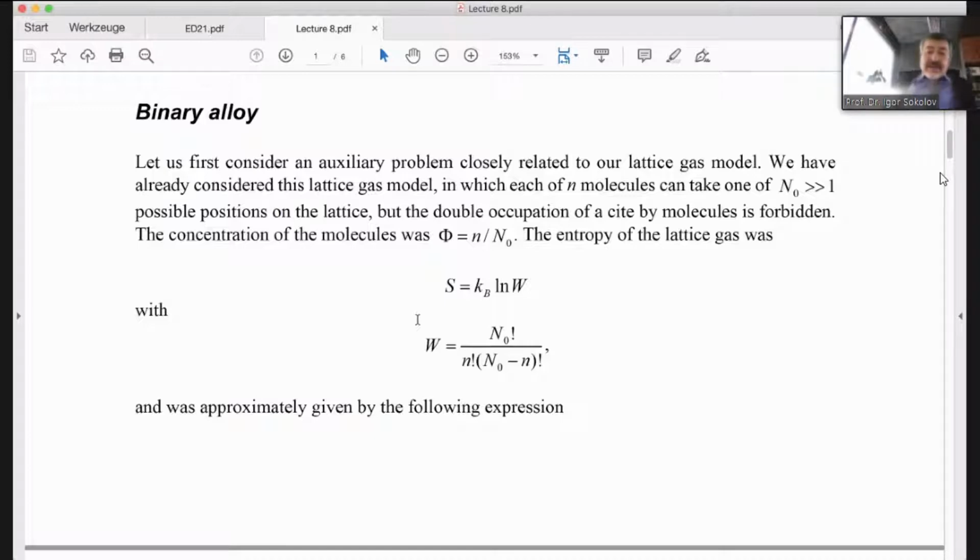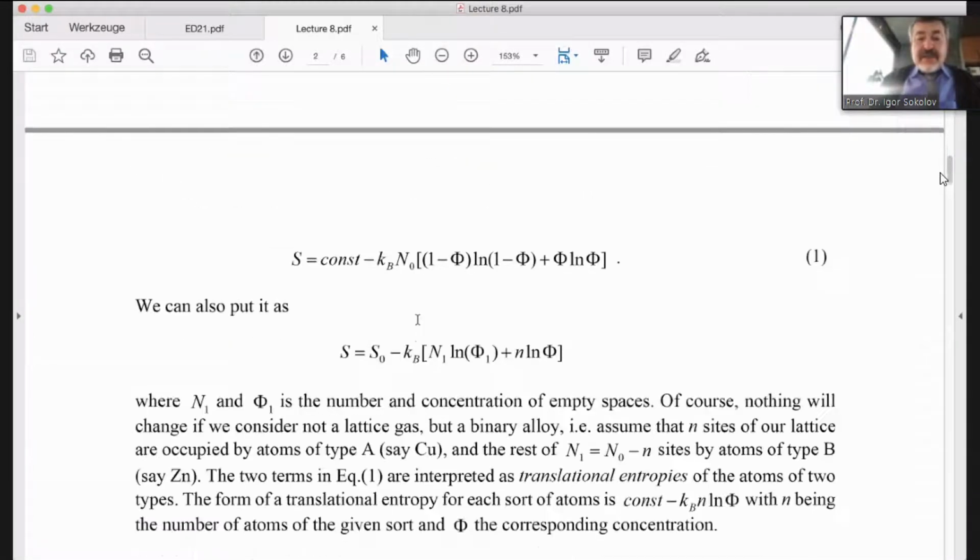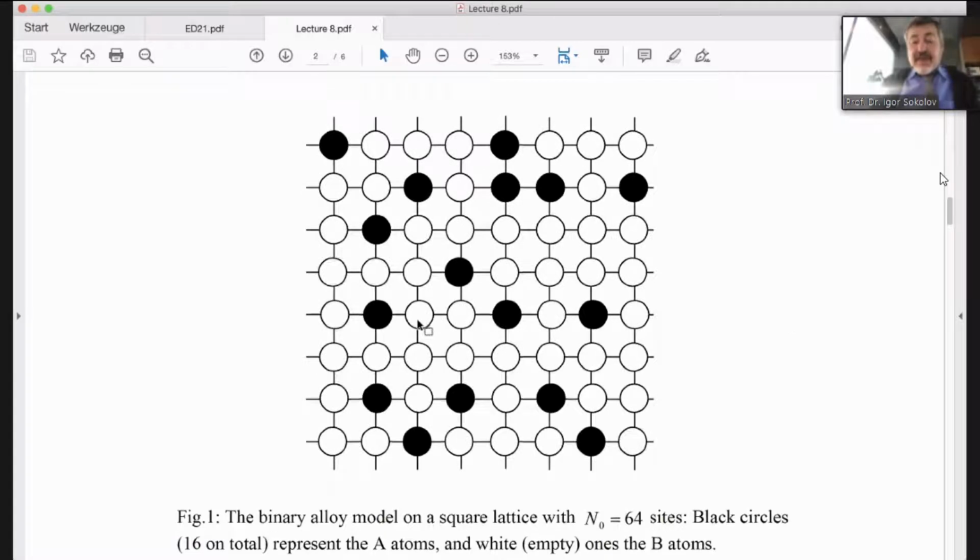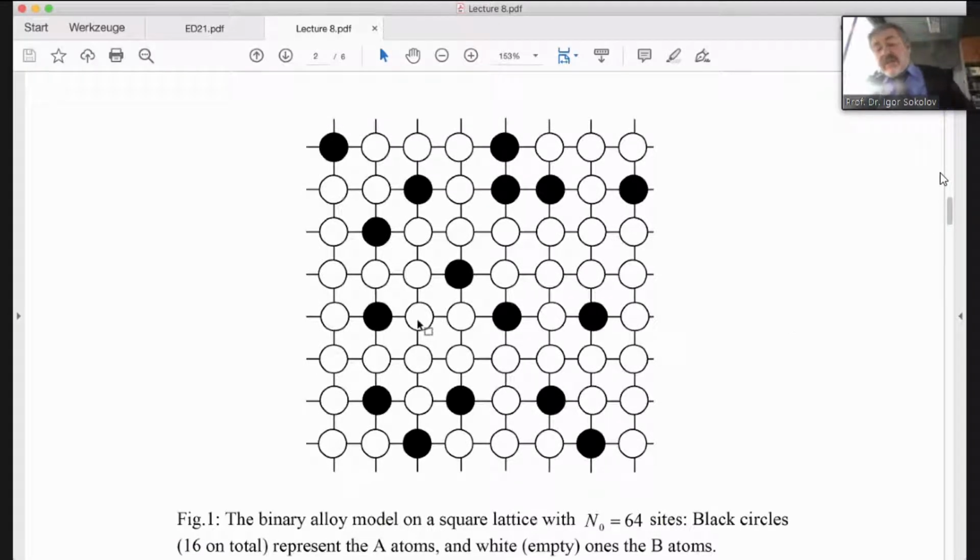So let us consider again a lattice model which is practically the lattice gas. If I say that the white sites of my lattice are empty and the black sites of my lattice are filled with molecules and no double occupation is possible, this will be a lattice gas, which we already discussed.